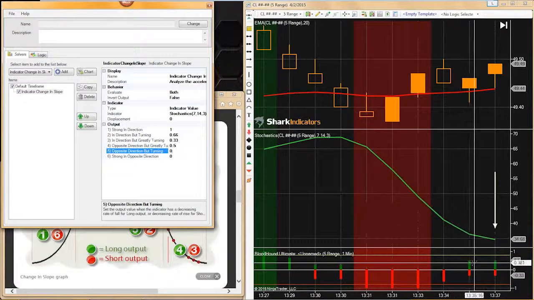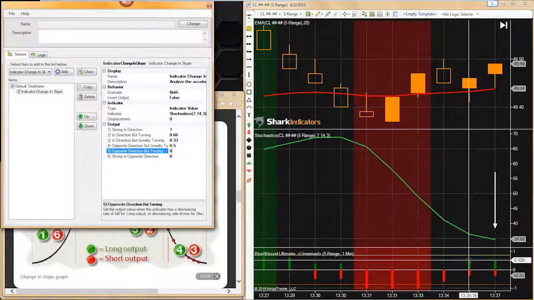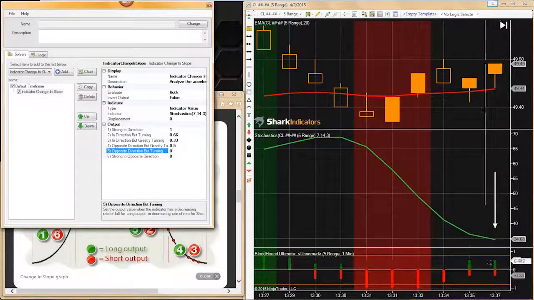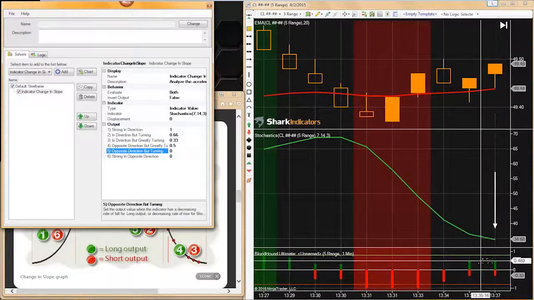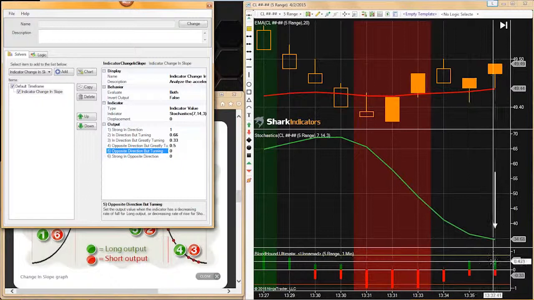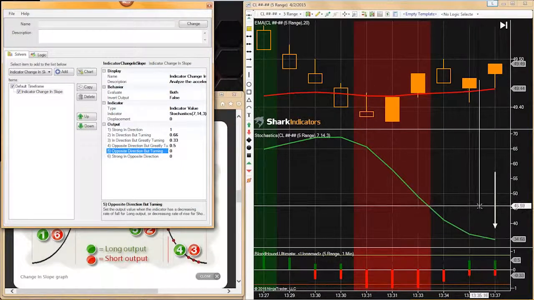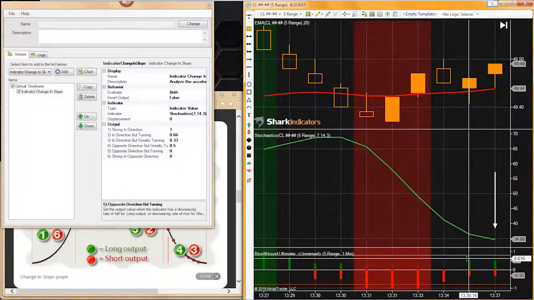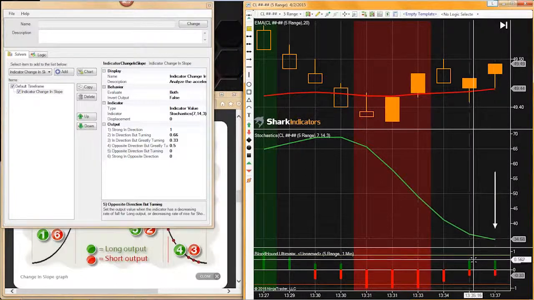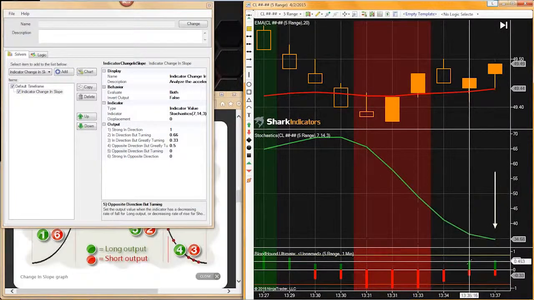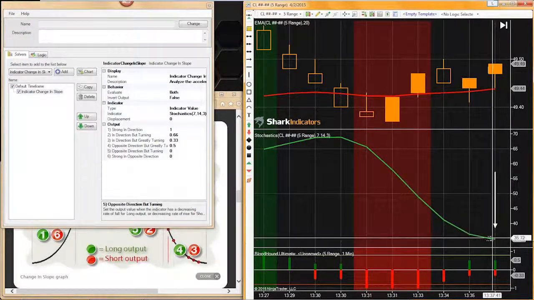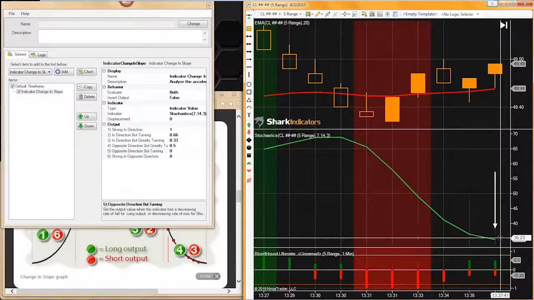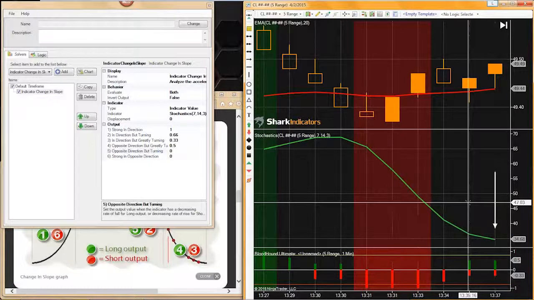And so look here, now on the long side we have a 50% output, or 0.5. That gives us a little warning, or an indication to the long side that the stochastic is starting to roll up.